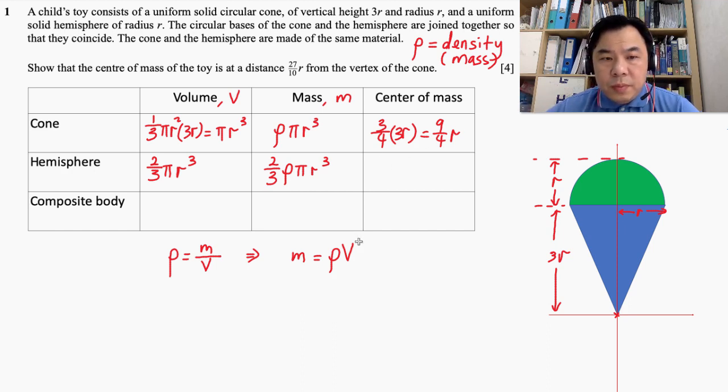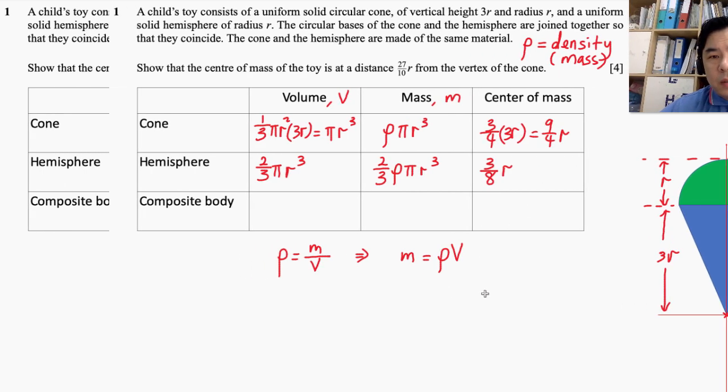So, all right, now let's bring this information back. So it's 3/8 measured from the center of the hemisphere, right? 3/8 r, the radius. So we'll just write down 3/8 r.